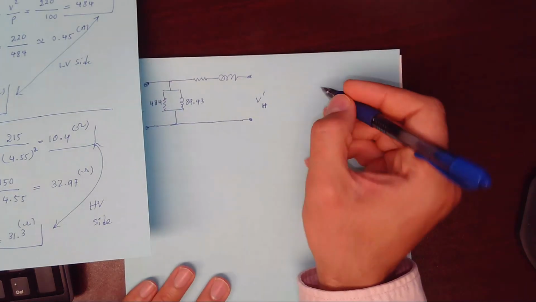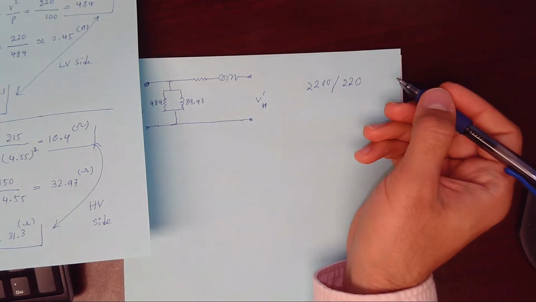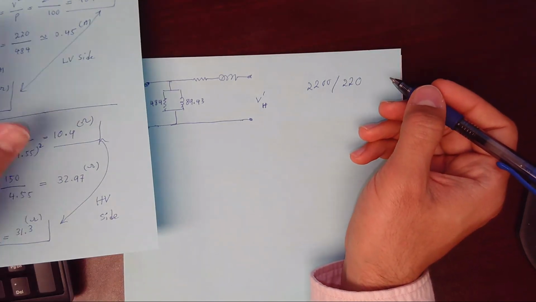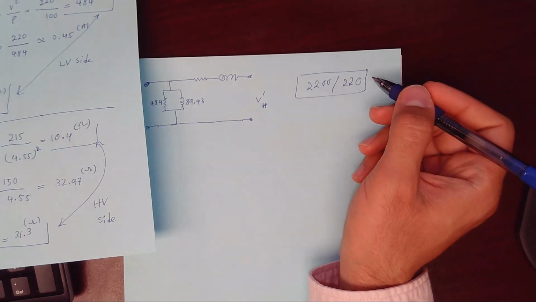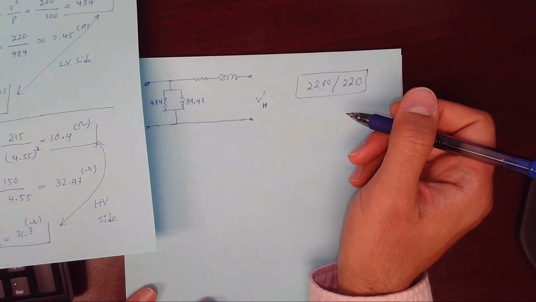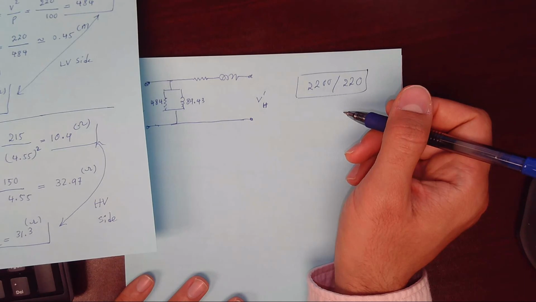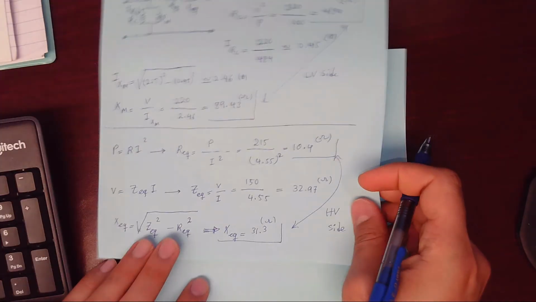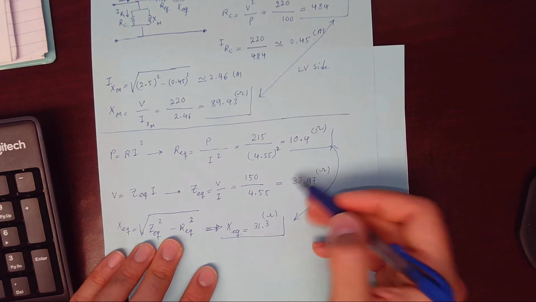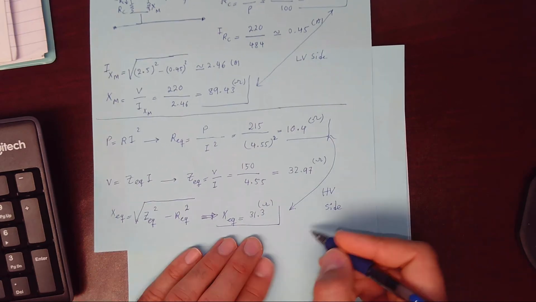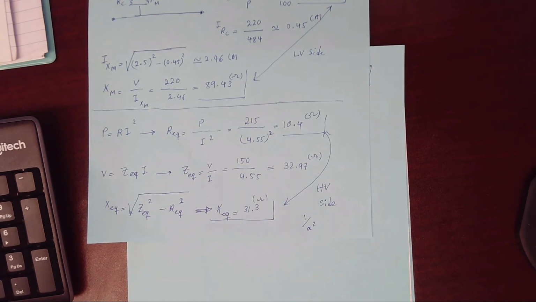Let's say the turns ratio of the transformer is 2200 to 220. When we transfer the high voltage side parameters to the low voltage side, we have a factor of 1 over A squared.